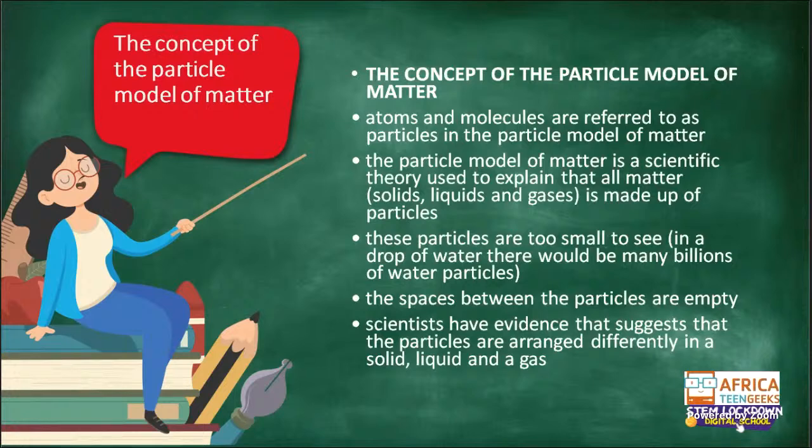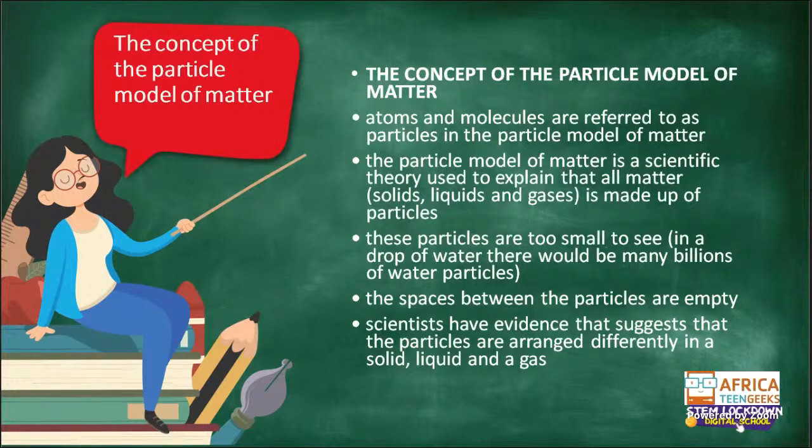So yesterday, as we said, the particle model of matter is a scientific theory used to explain that all matter, that is solids, liquids, and gases, is made up of what? Particles. And these particles are too small to see.